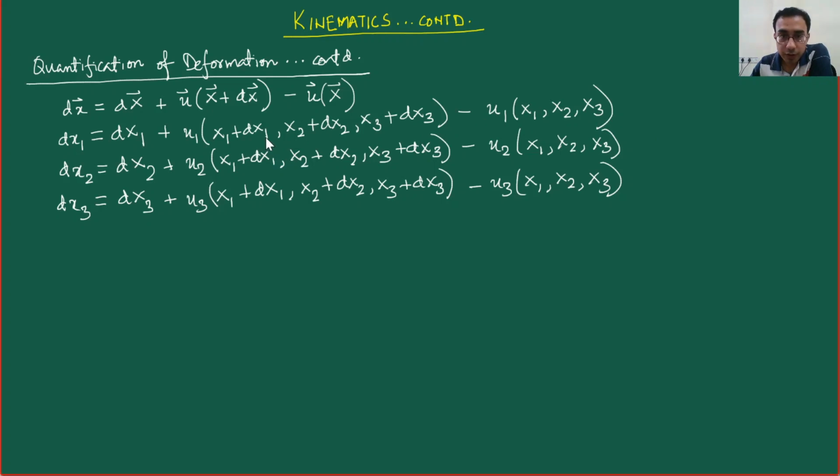So by a small increment: here it is x2, here it is x2 plus dx2, and here it is x3, and this is exactly x3 plus dx3. So in each of these three component-wise dependencies, there is only a small increment. So perhaps this gives us an idea that it will be beneficial to expand this using Taylor series expansions.